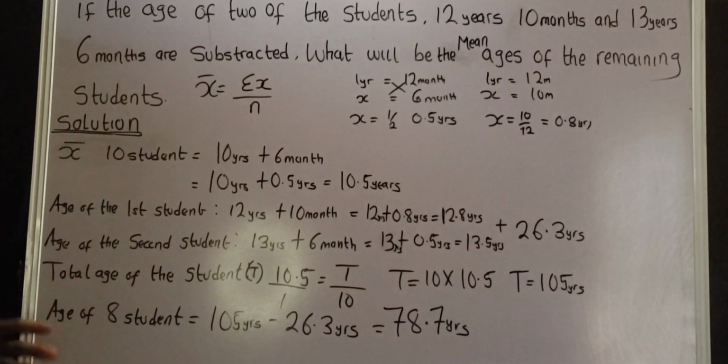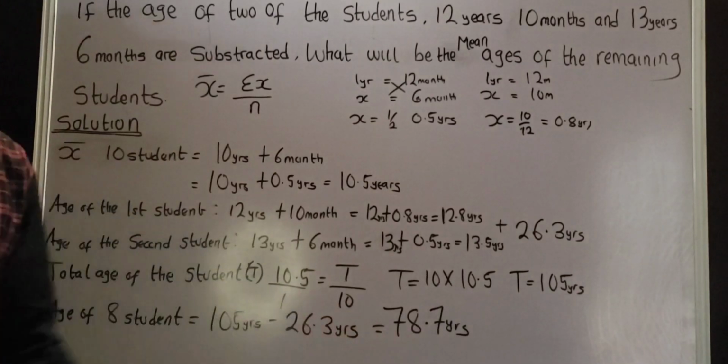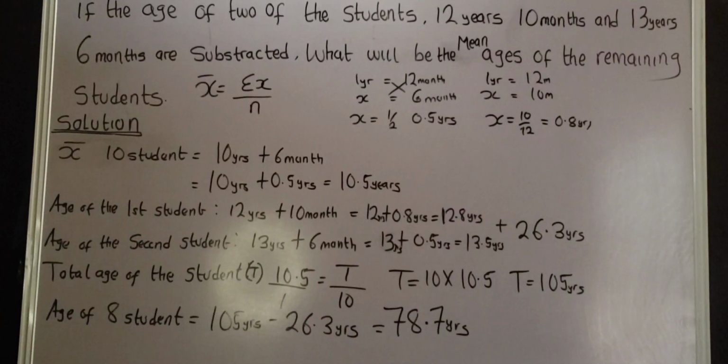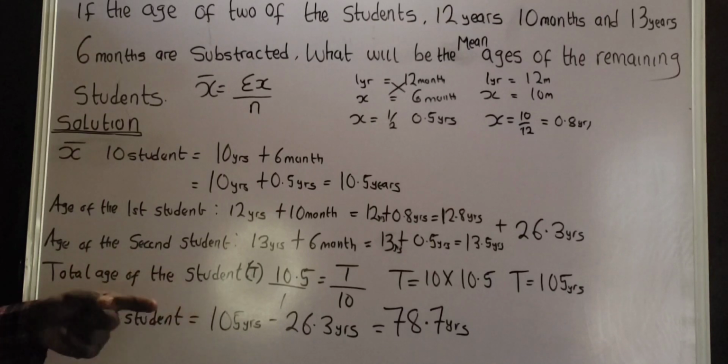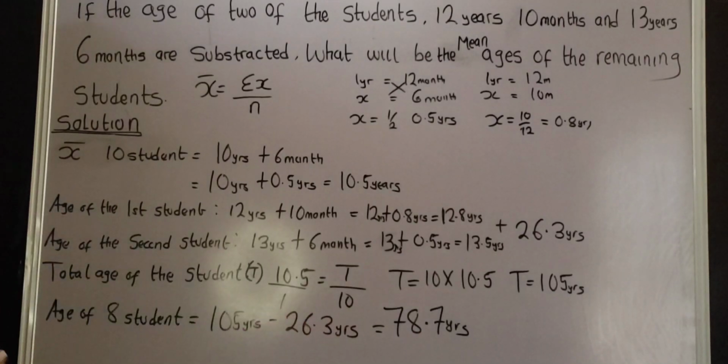So, in order to get the mean age of the 8 students, we can easily divide 78.7 by the remaining 8 students. That is 78.7 over 8, according to the formula for mean. Do you understand?